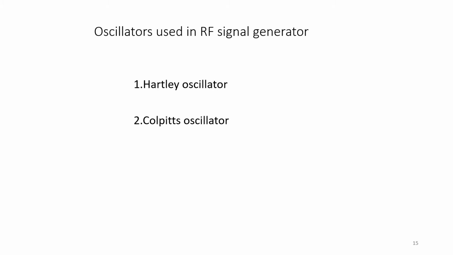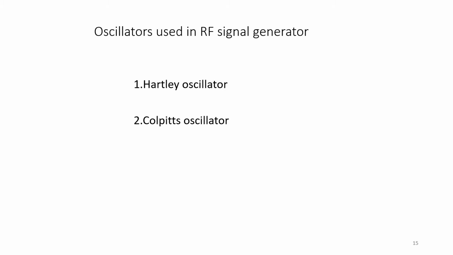Because these are all radio frequency oscillators, that are high frequency oscillator generators. Internally, in the RF oscillator block we have seen that we can use a Hartley oscillator or a Colpitts oscillator. One more thing is, in the block diagram of the RF signal generator, each and every block is shown to be surrounded by dotted lines, and overall the total block diagram is again marked in dotted lines.